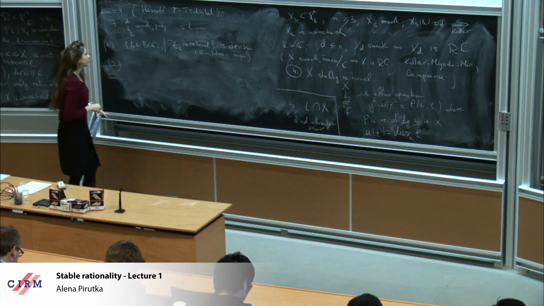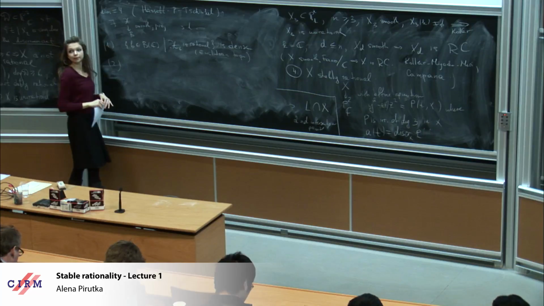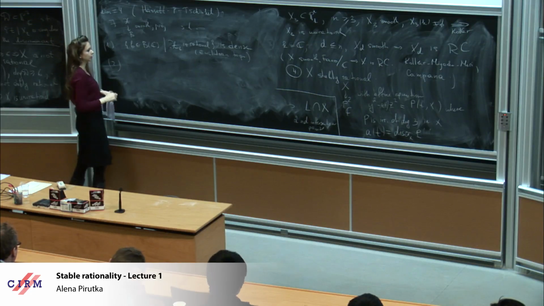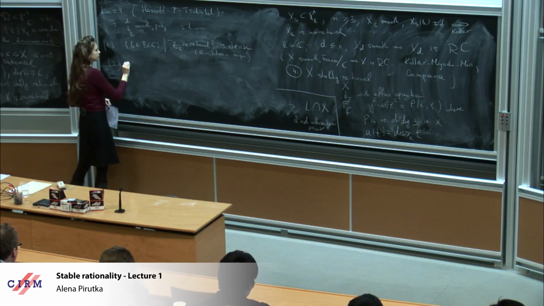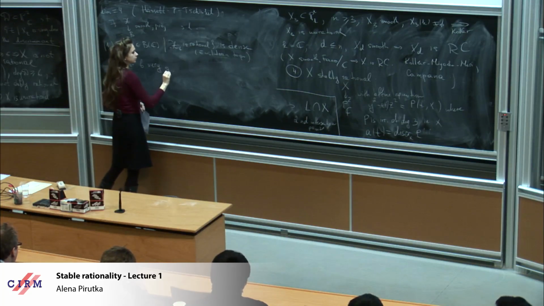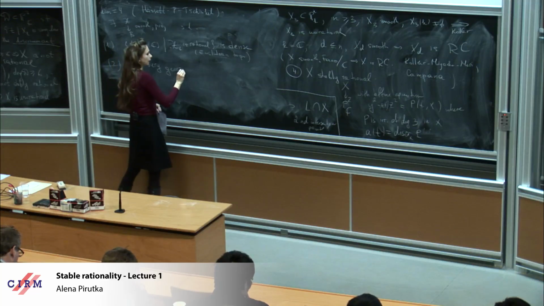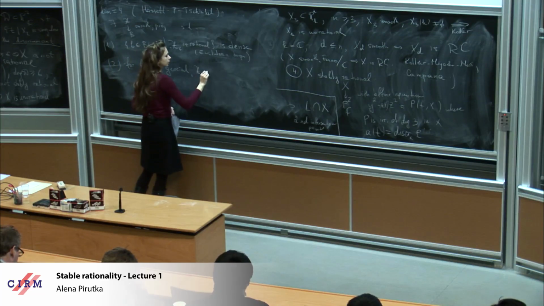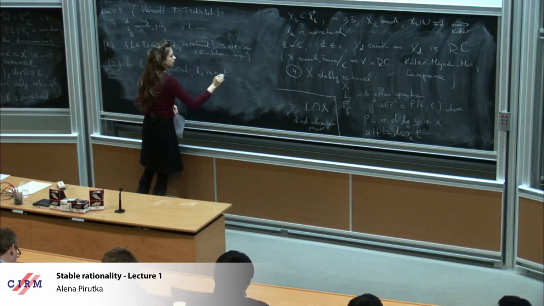So you have many rational fibers, but by the way, a very general one is not even stably rational. So for b very general, X_b is not stably rational.